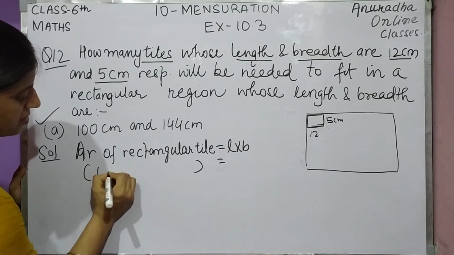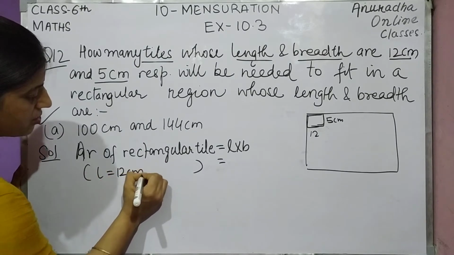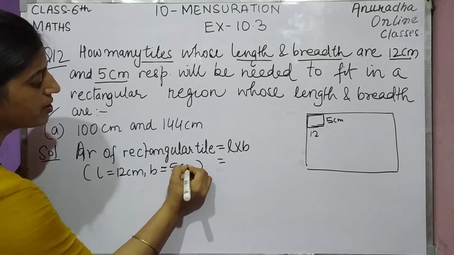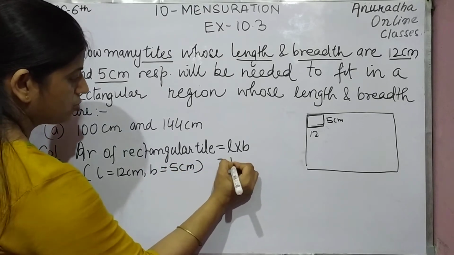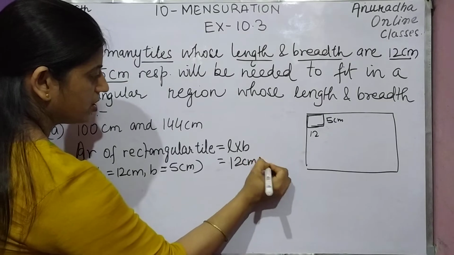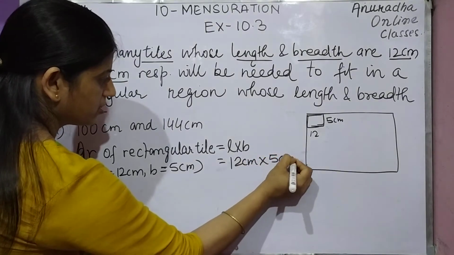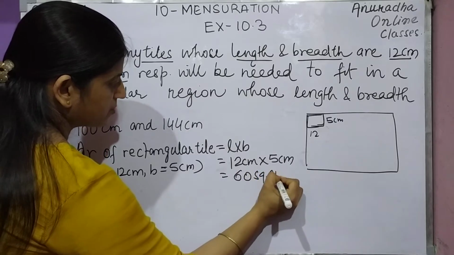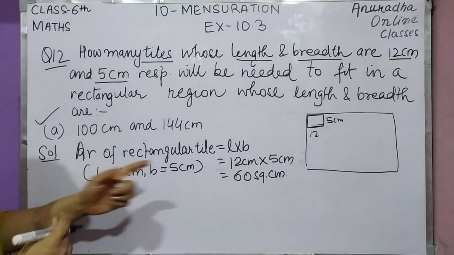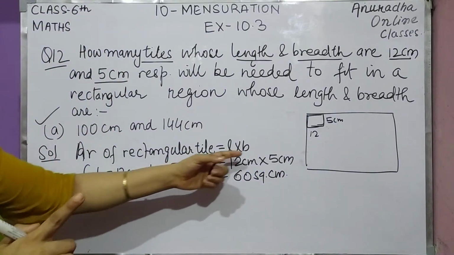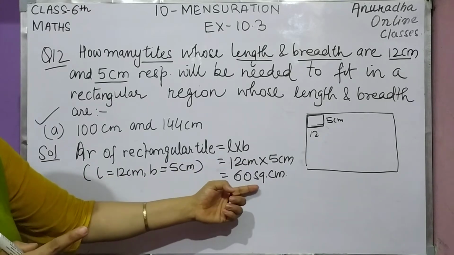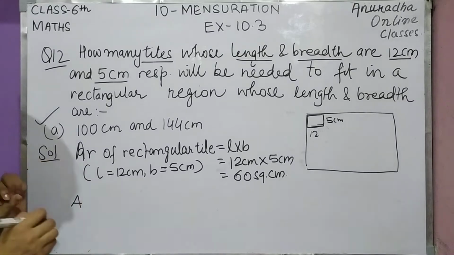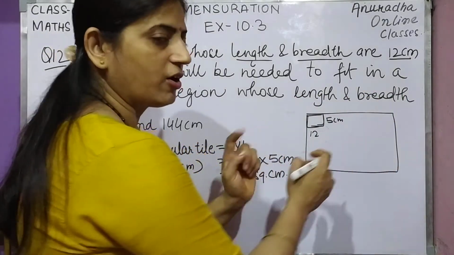L is 12 centimeter and B is 5 centimeter. So 12 centimeter into 5 centimeter will be equal to 60 square centimeter, right? What is the area of one tile? One rectangular tile का area कितना है? 60 square centimeter.